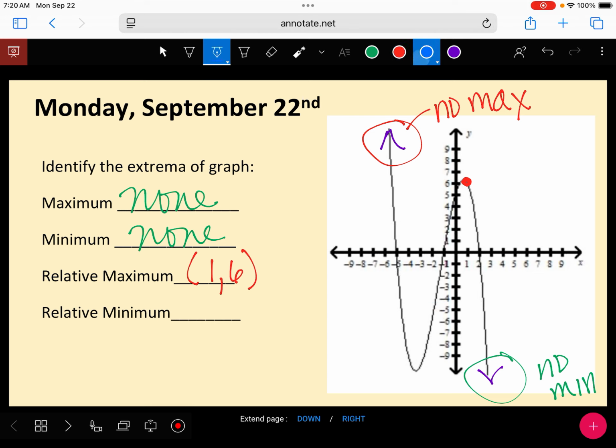And then we also have a relative minimum right here. So you go ahead and figure out what that point would be. So what would you call that point?